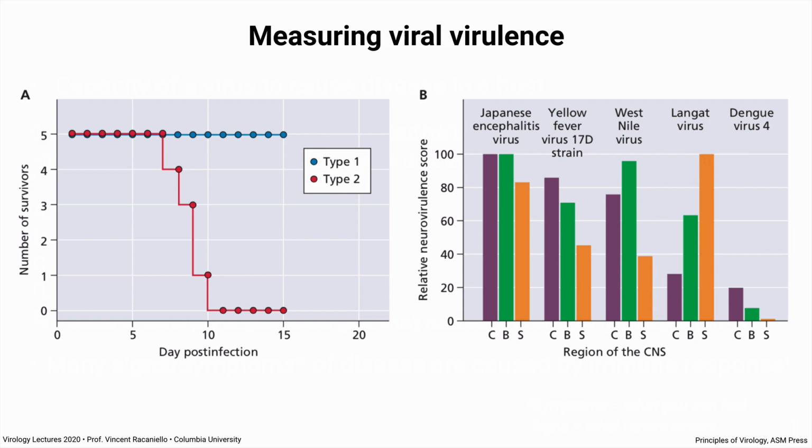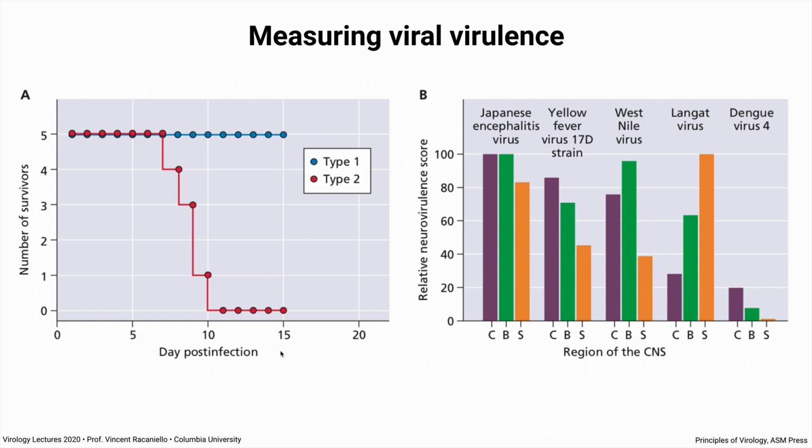On the left, experiment done in my lab many years ago, we are injecting mice with polioviruses. And these are, on the y-axis, the number of survivors. So this is a typical way of plotting virulence data by simply how many animals are surviving with time post-infection on the x-axis.